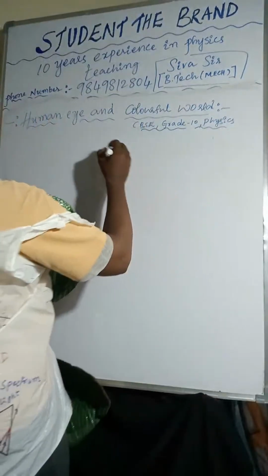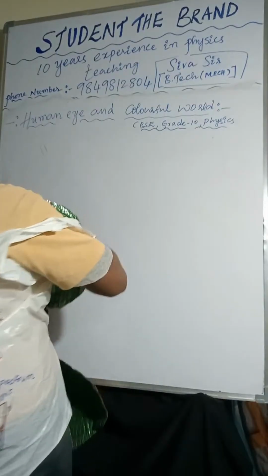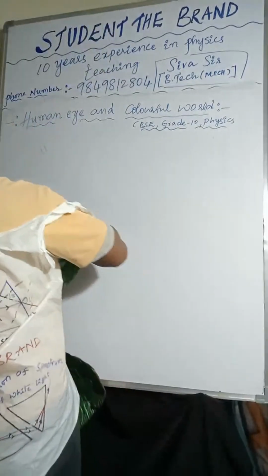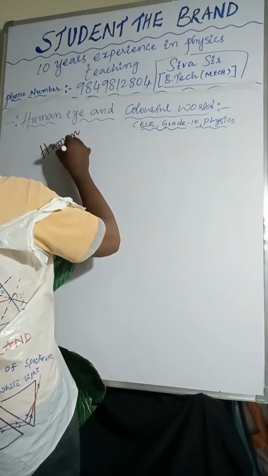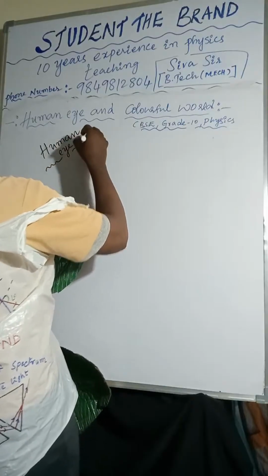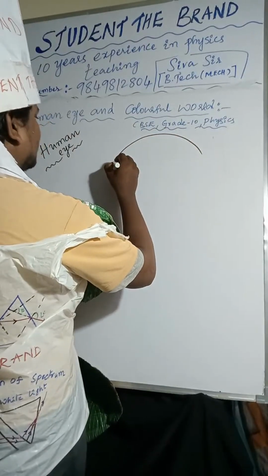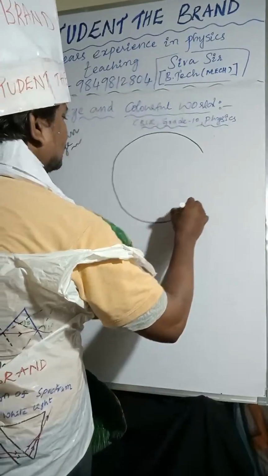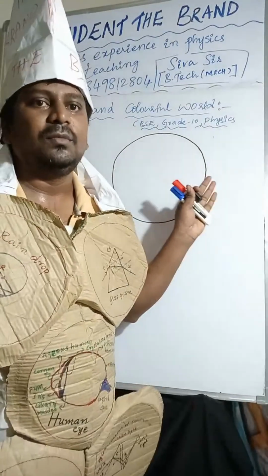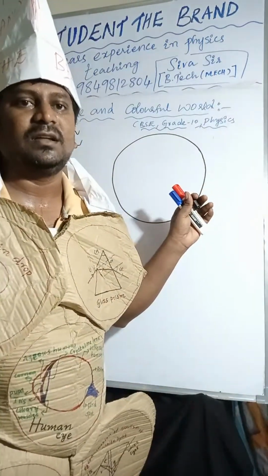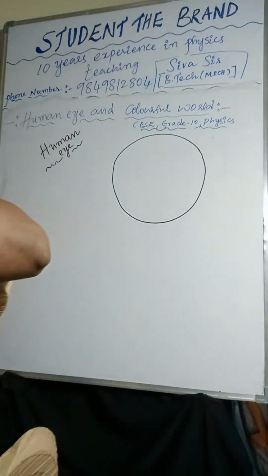First, draw the circle for the human eye. You must draw the complete circle first. After drawing, you can connect.